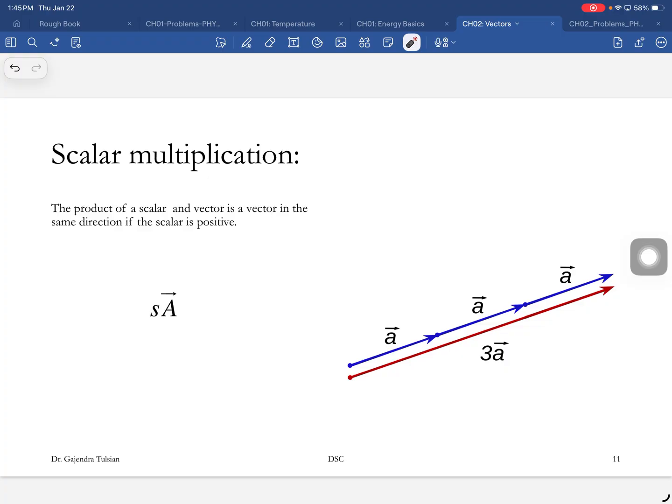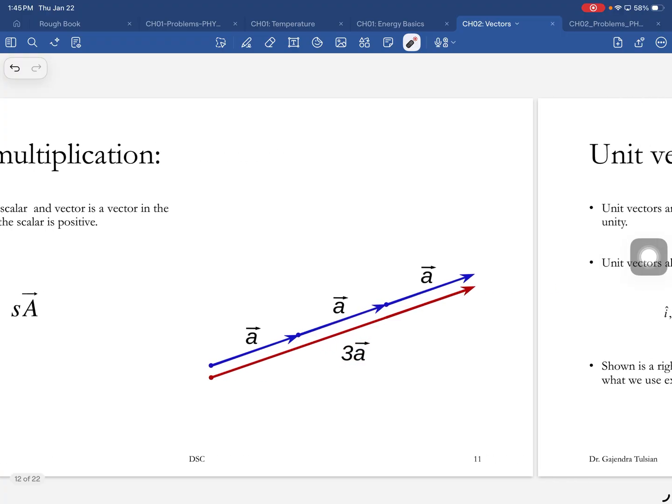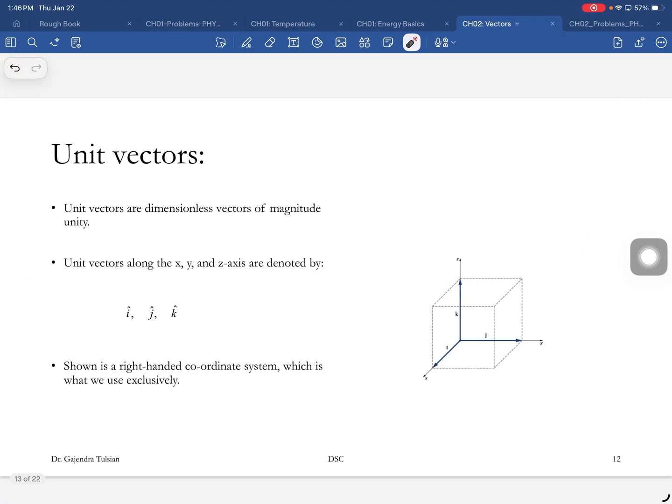So let's say now that we have that notation, A is 5i plus 6j, and let's say B is 3i plus 4j. Let's add these vectors now. A plus B is equal to 5i plus 6j plus 3i plus 4j, which is 8i plus 10j.